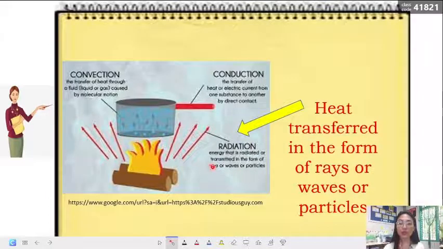The heat is being transferred in the form of rays or waves or particles. So, that's why if you notice, if there is fire and then magpaduol ka niya, maka-feel ka nga, manginit sad ka, it's because of the radiation. Okay? That is a simple application in our real life so that we can picture out our Earth.